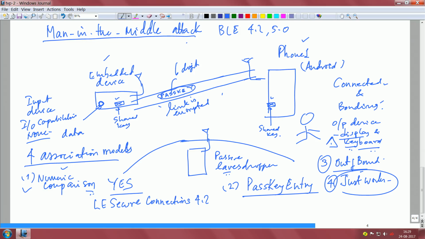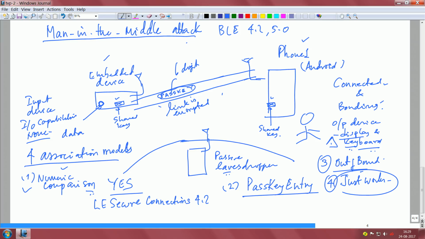So it is not that BLE 4.2 or 4.0 force you to do something, but they also give you this nice escape route by saying okay, you may not need this association model to thwart MITM, because there is no likelihood of an MITM at all. So that is also possible.